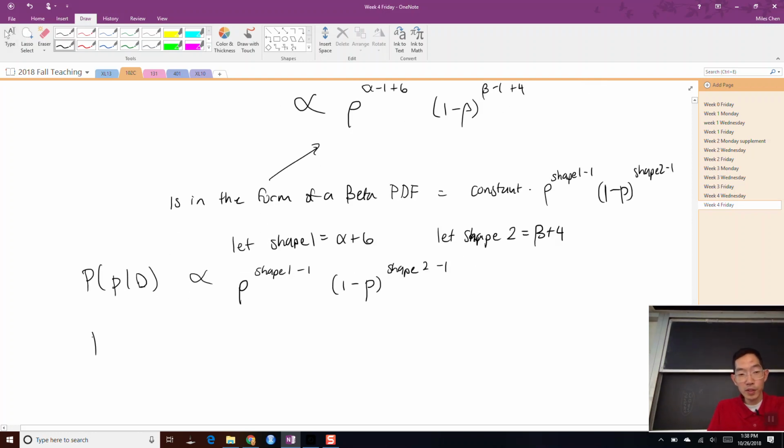And so this just means the probability of P given D is going to be a beta distribution with shape parameters alpha plus 6 and beta plus 4.